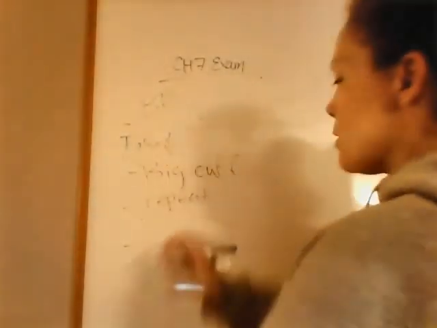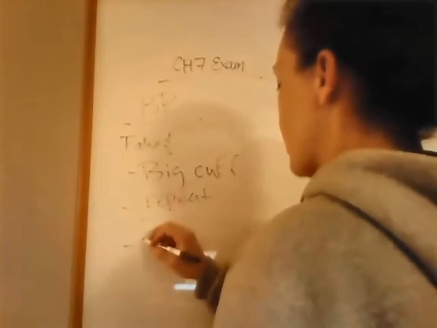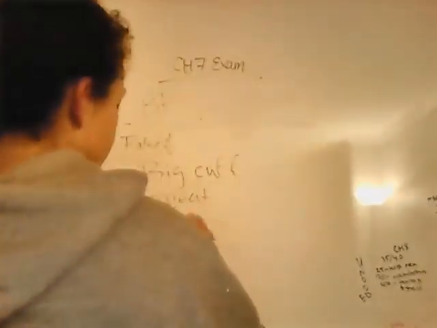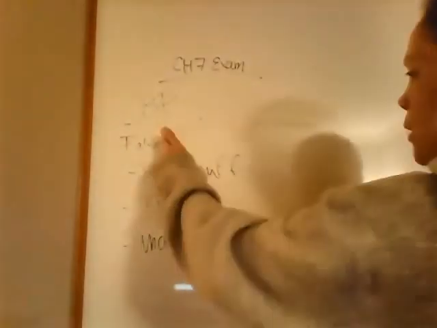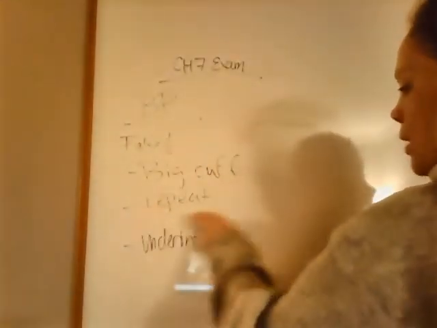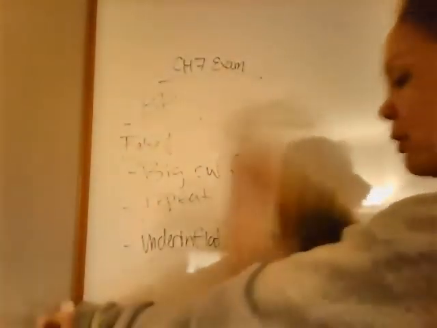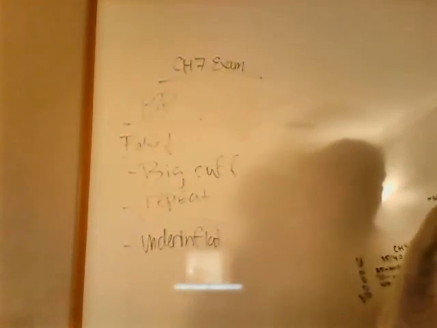If you smash your stethoscope on it and cut off blood circulation, you're going to have a false low, so don't do that. And underinflation. So the false low is caused by too big of a cuff, repeated measurements, underinflation, and smashing your stethoscope on there.